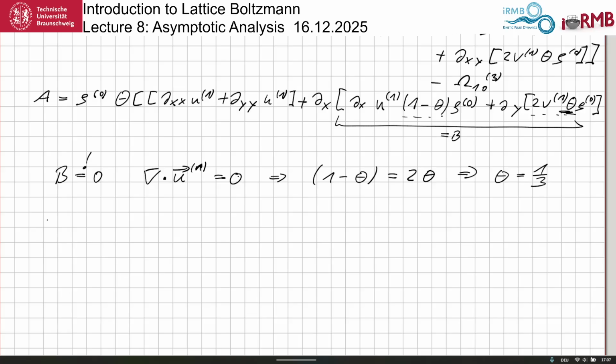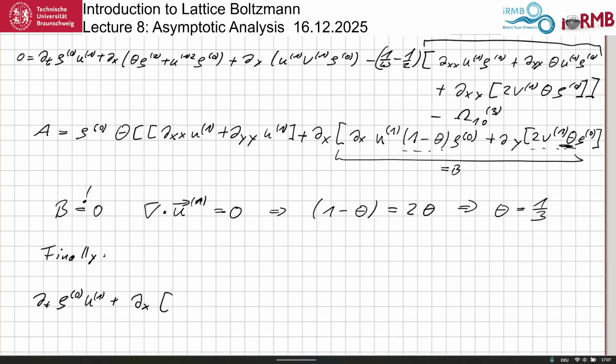And then finally, we can write out this equation under this condition. We get dt rho 0, which we can write in front because it's a constant, u1 plus dx theta rho second order. Okay, I made a mistake again, so I have to look up here.